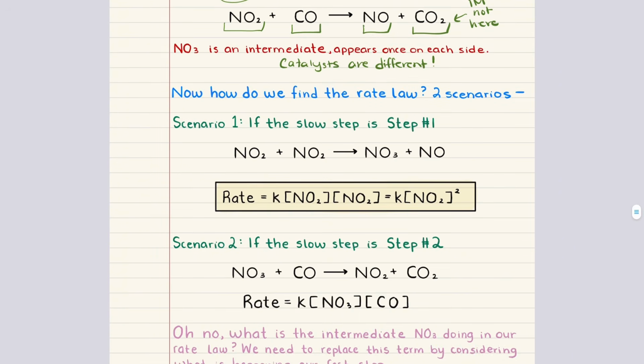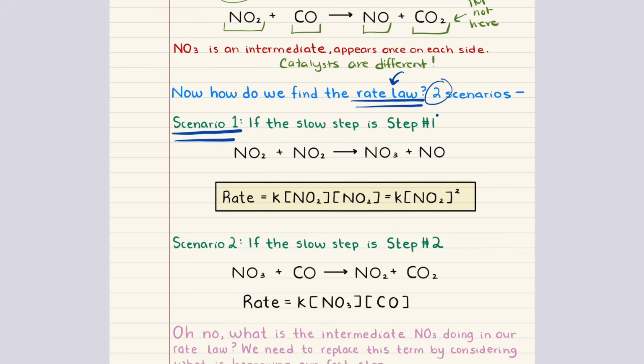Then the next question is, well, how do we use this mechanism to determine the rate law? And for this example, there's two possible scenarios depending on which step is slow. Let's go through each one and see how the rate law emerges from the mechanism. So let's go back to our mechanism and consider the two scenarios.